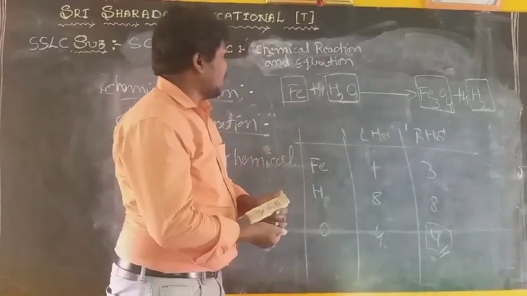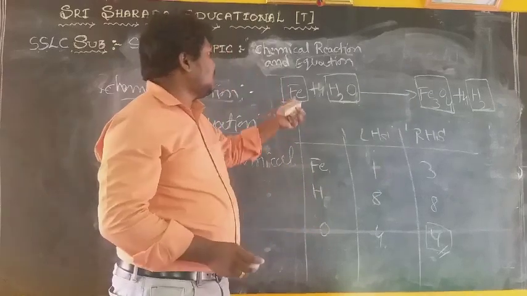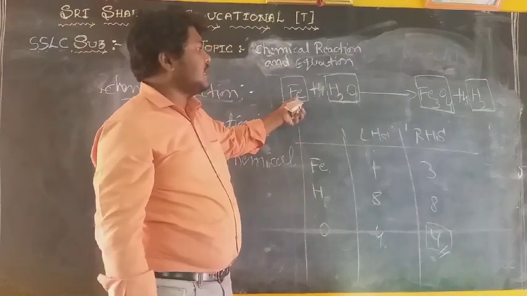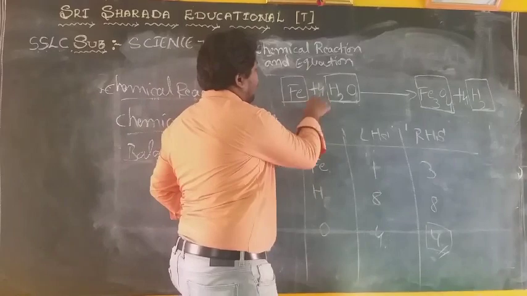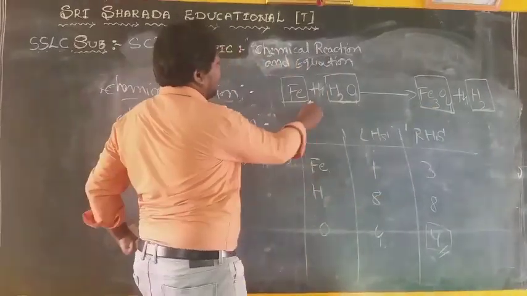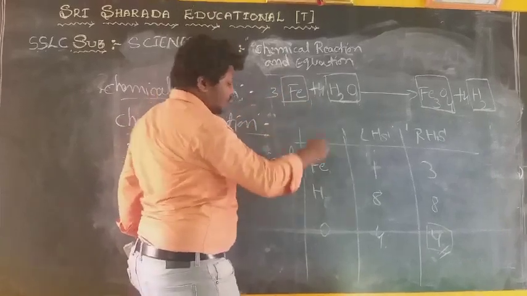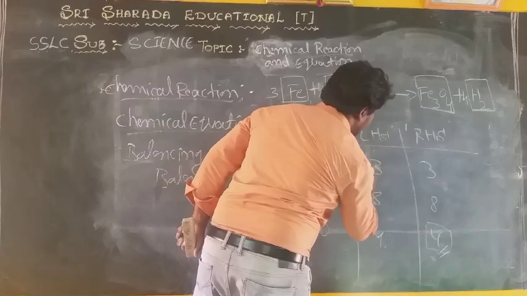So now hydrogen and oxygen both are balanced. But here we have iron. Fe means iron. Here it has 1 atom and here it has 3 atoms. So by multiplying the 1 into 3 we get 3. So here also we get the 3.